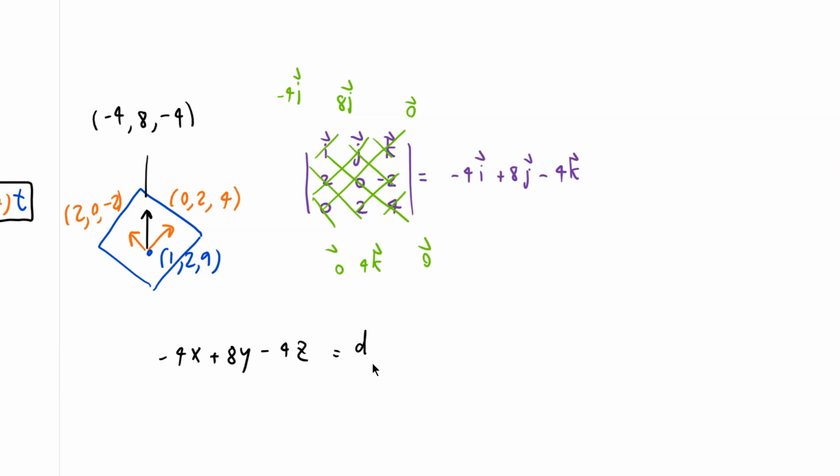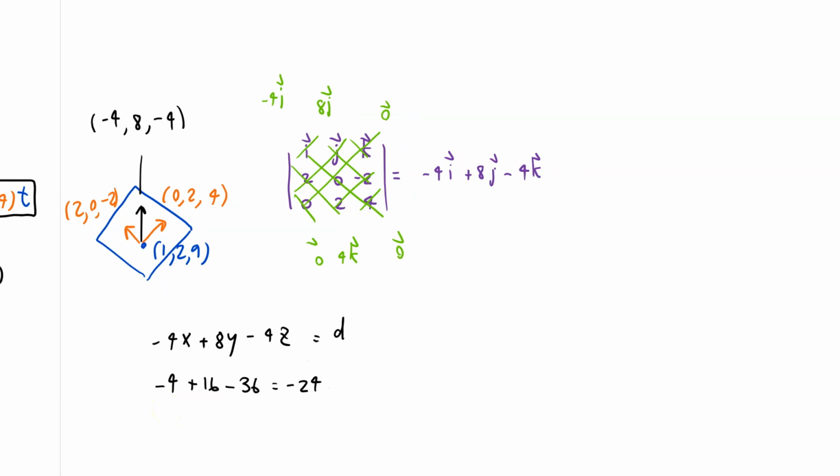If I do that, I'm going to get negative 4 plus 8 times 2 is 16, minus 4 times 9 is 36. So I'm going to have 12 minus 36, which is negative 24.